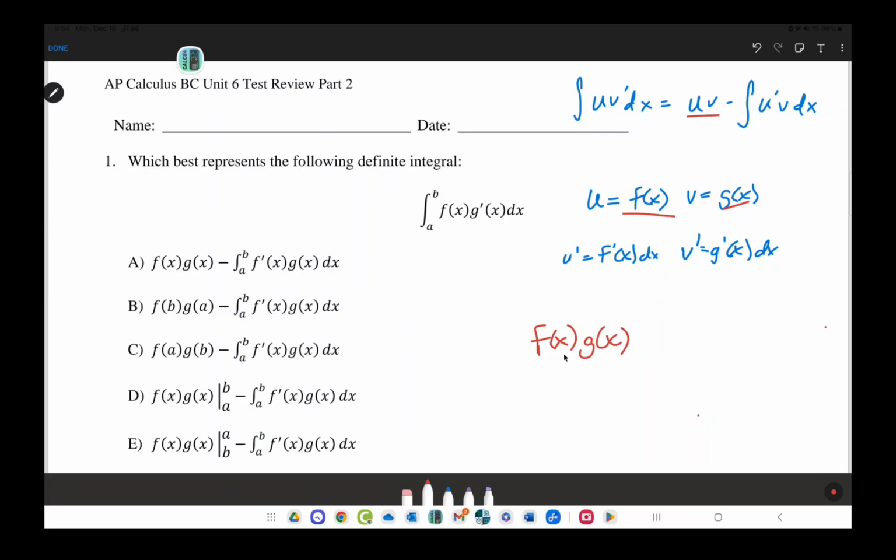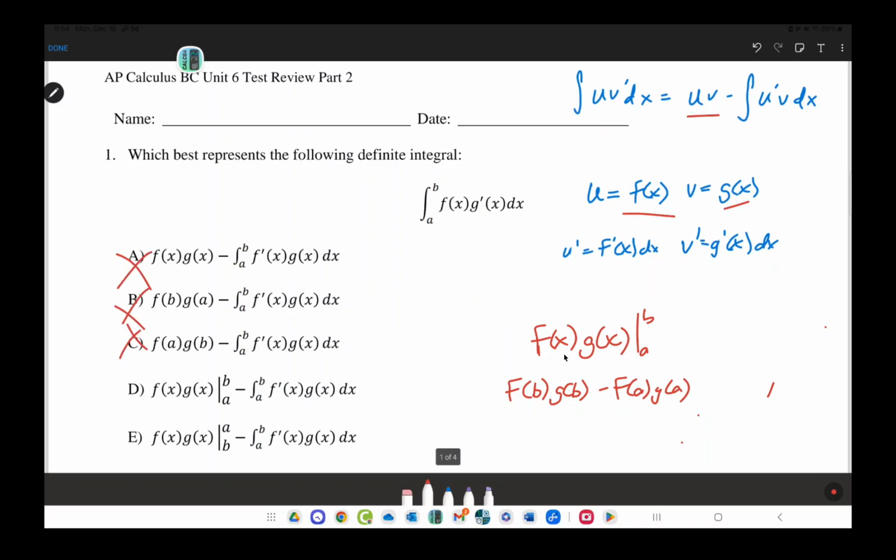Because I have bounds, I have to put the bounds in. If I had f of b, g of b minus f of a, g of a, then I wouldn't need those bounds. But since I don't have that as an option, I need those bounds. So that automatically means a, b, c, and even e doesn't work. Answer D.